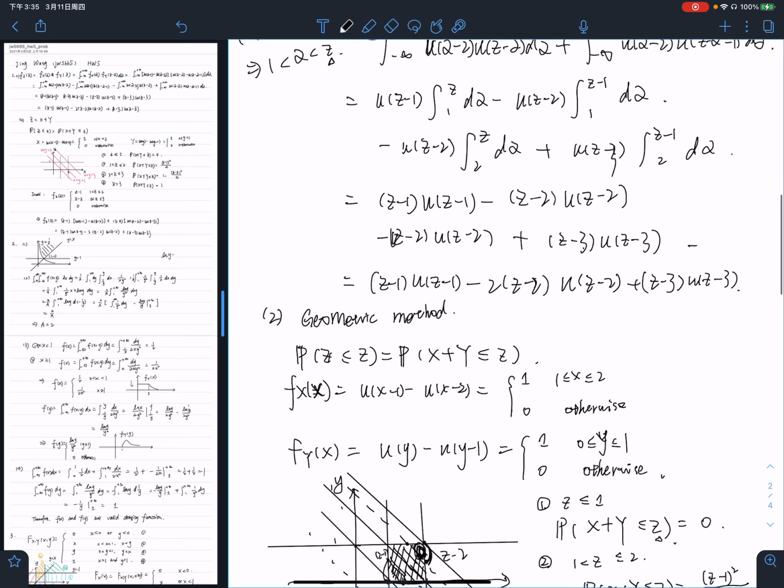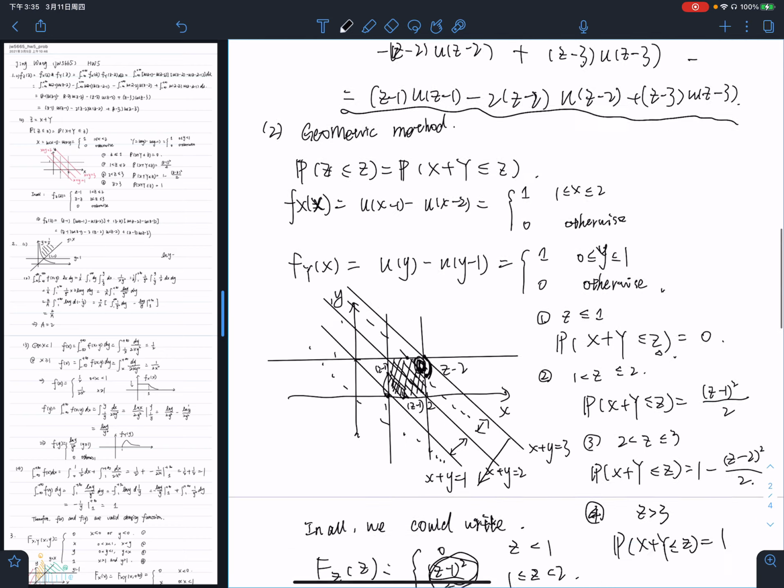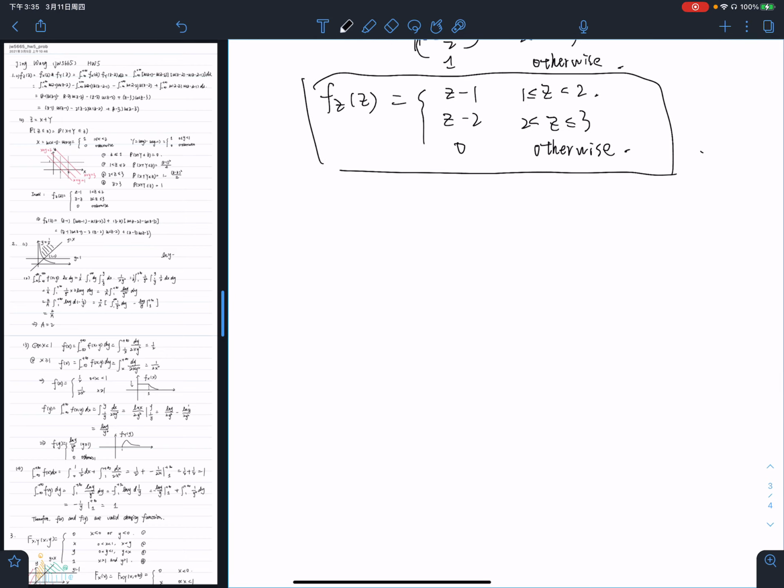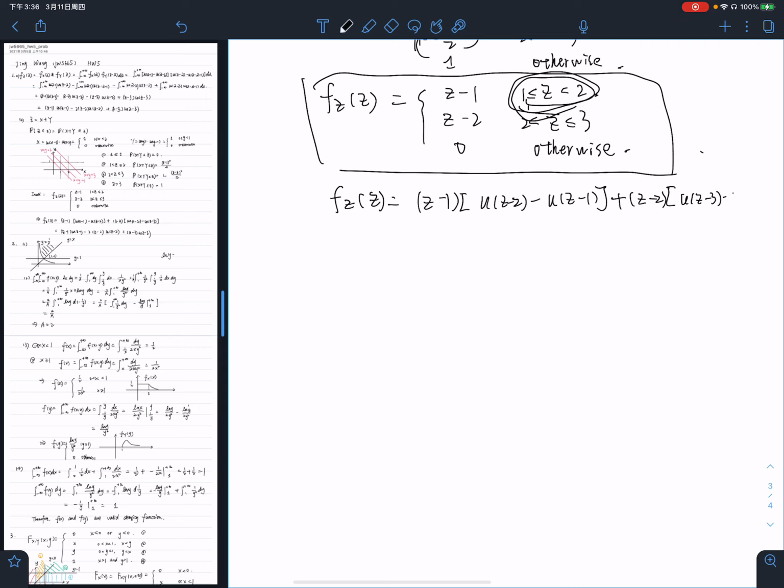If we write it using the step function, it should be f_z(z) equal to (z minus 1) times [u(z minus 1) minus u(z minus 2)], plus (z minus 2) times [u(z minus 2) minus u(z minus 3)].